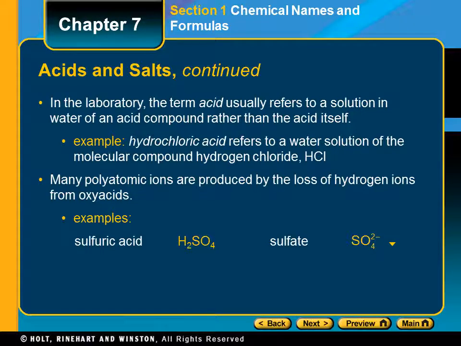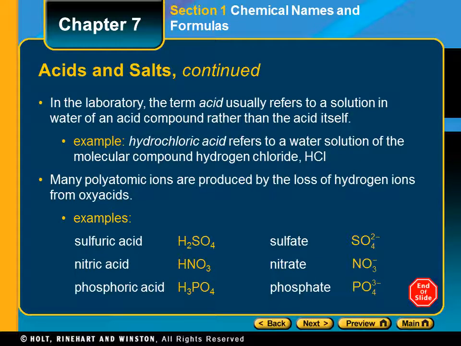So, sulfuric acid is H2SO4, sulfate is the polyatomic ion. Nitric acid is HNO3, nitrate is the polyatomic ion. Phosphoric acid is H3PO4, phosphate is the polyatomic ion.